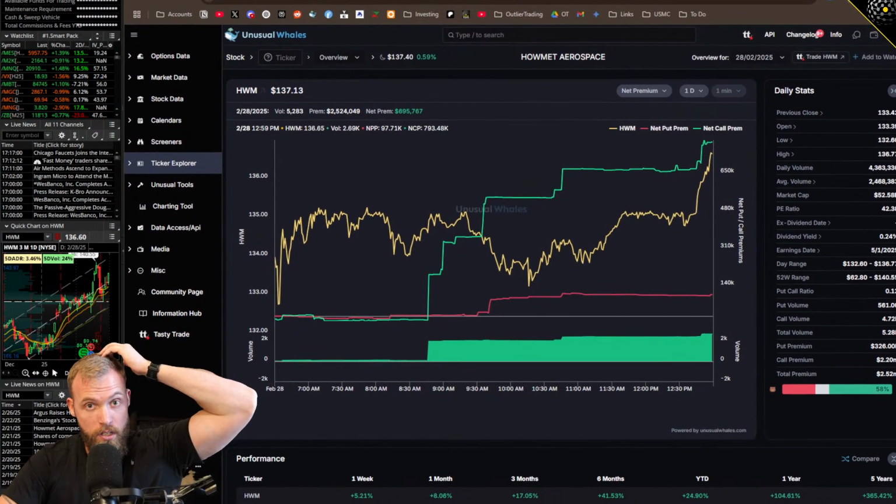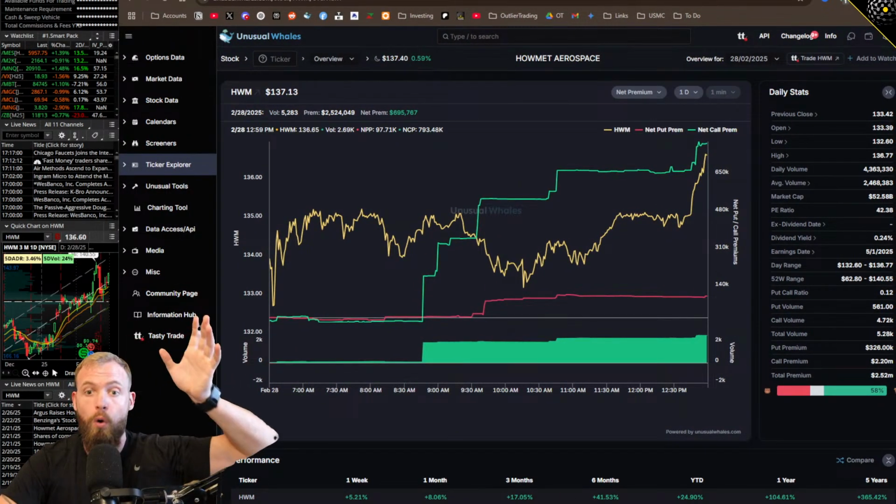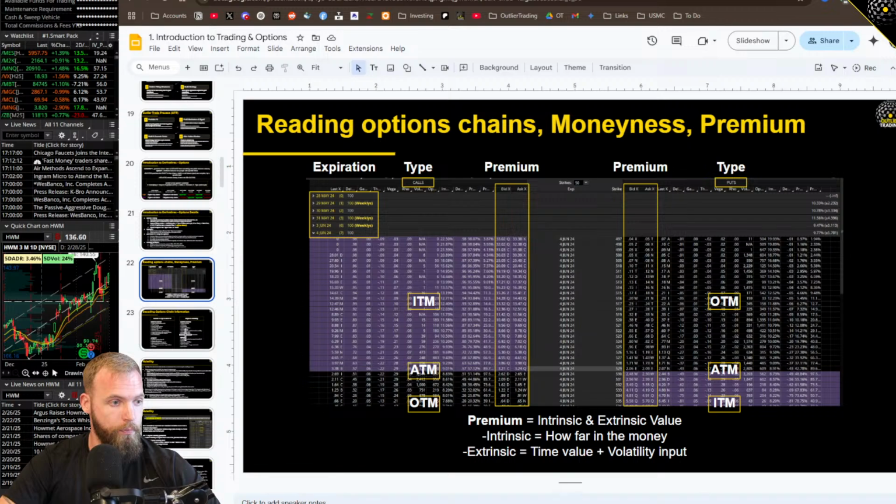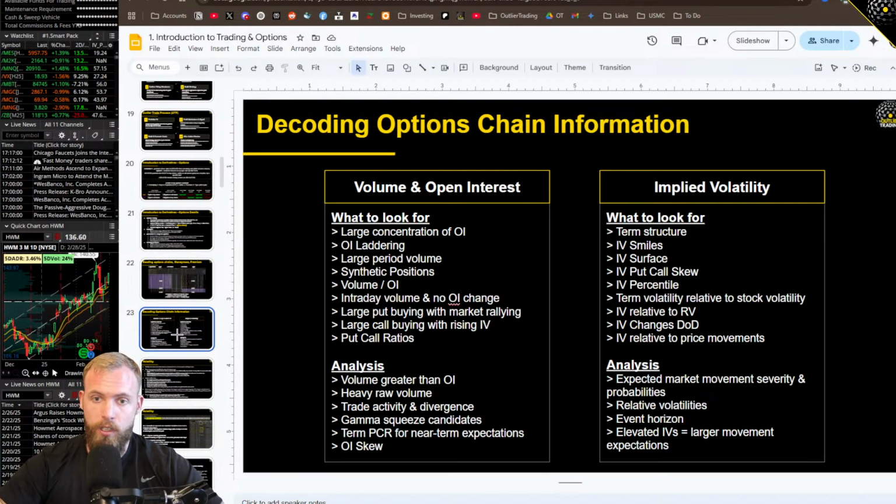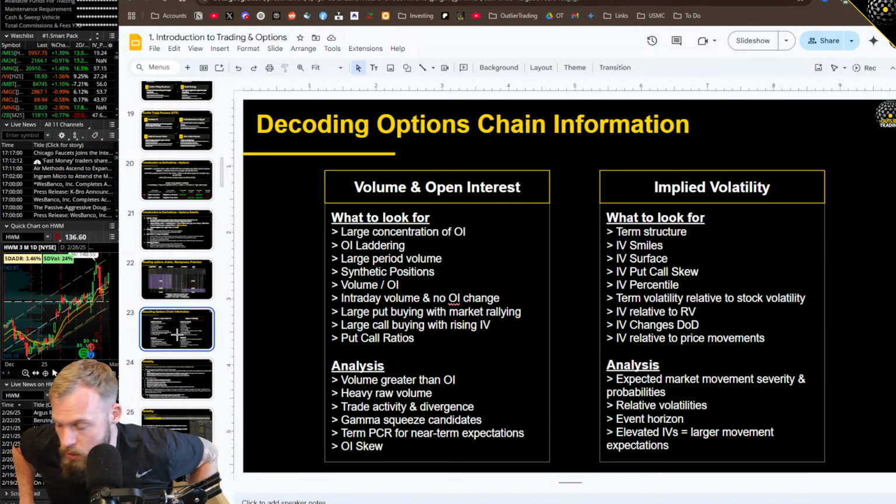Okay, so this is literally just an overview of what I want to talk to you about. When we're looking at an options chain, there are two broad buckets of data that I think make sense to look at. There's a 0% chance we'll be able to go through all of this in detail today, but I want you to be aware of some of these.